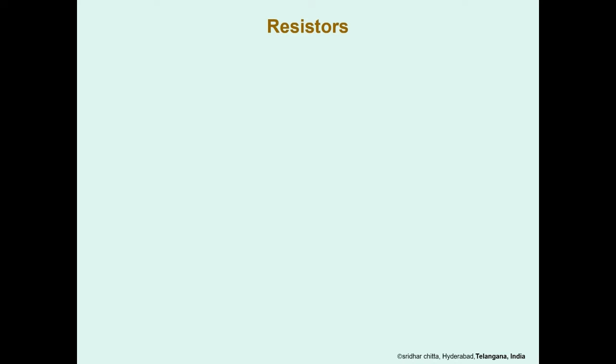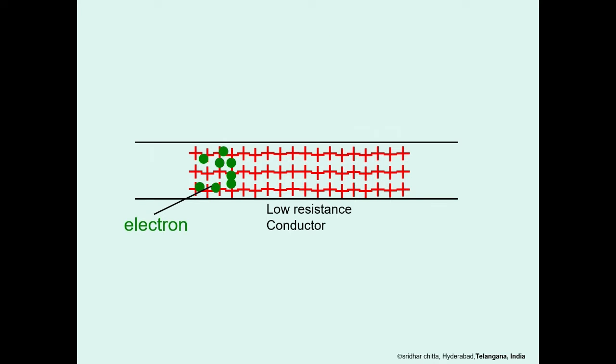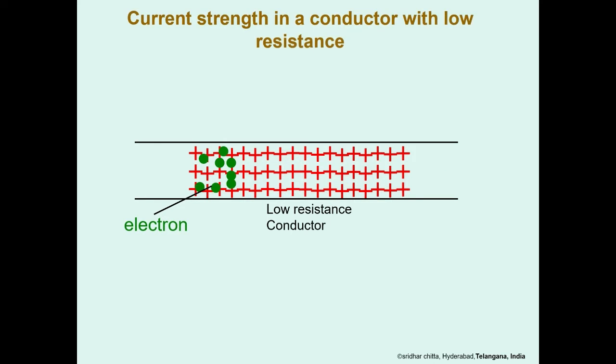Resistors. Most resistors are made from conductive materials that have a high density of lattice imperfections and which also have a smaller concentration of free electrons. Current strength in a conductor with low resistance.